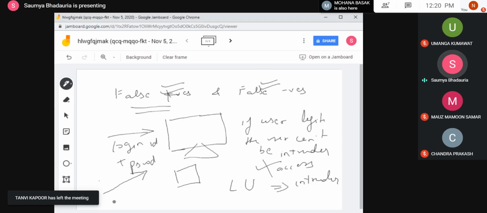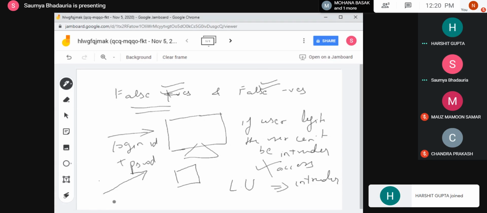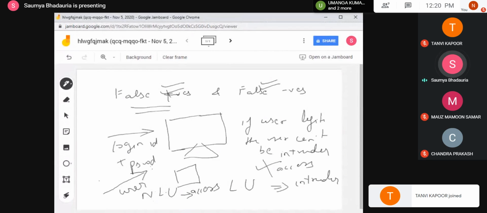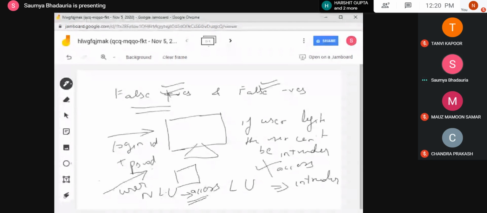The server gave access to the user. Clear? Now, again, I'll repeat, when a non-legitimate user is given access into the system, such a case is referred to as a false negative case.